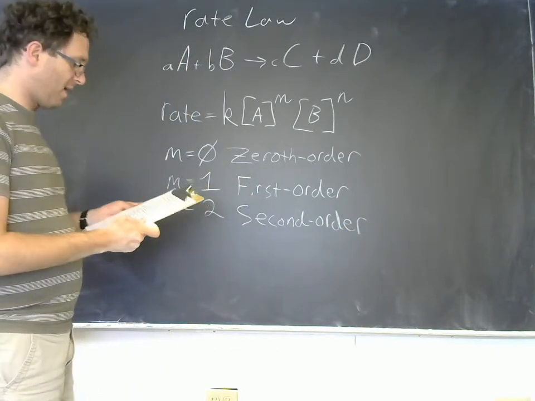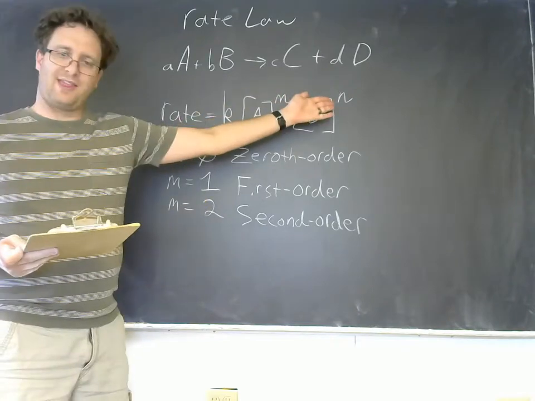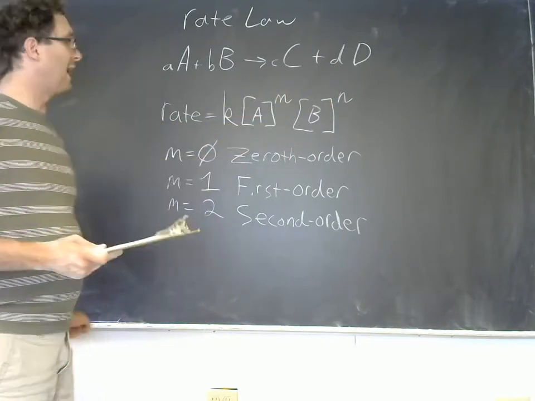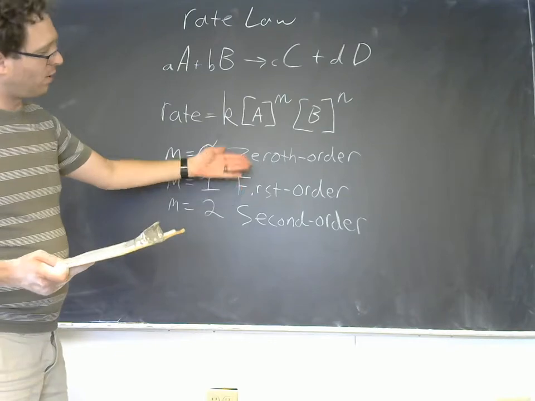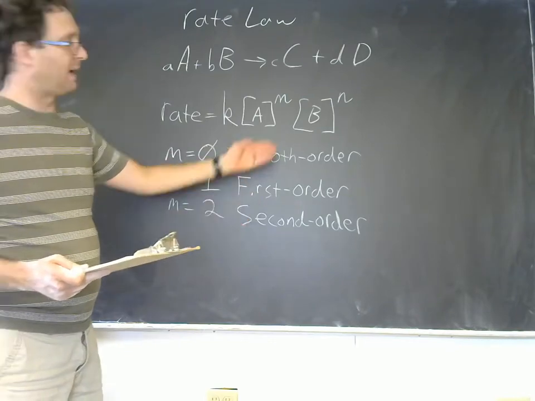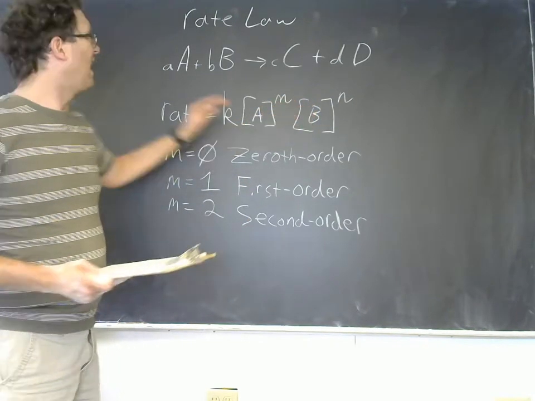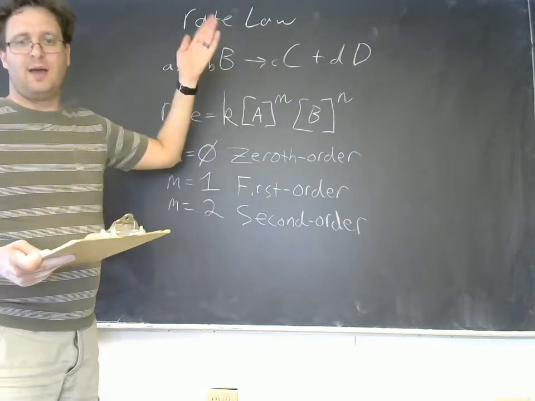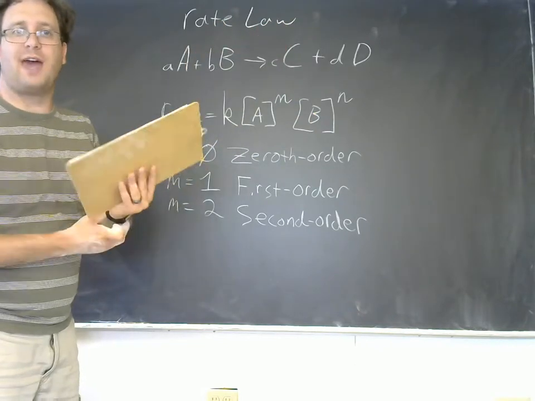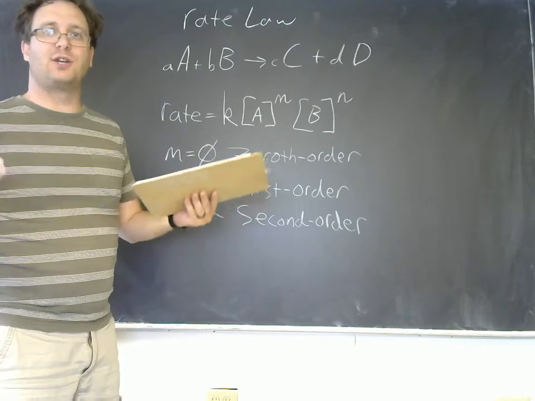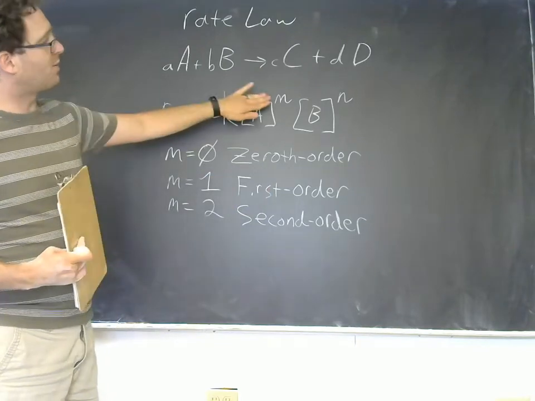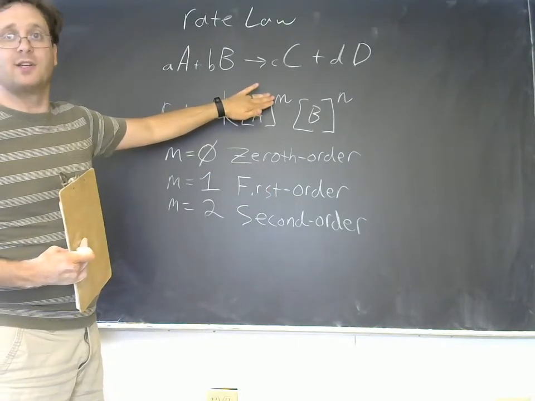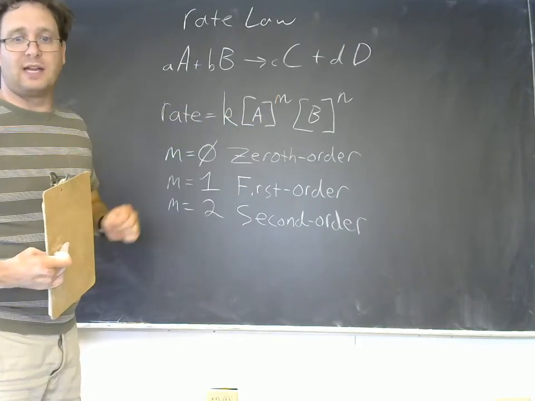And then we could also look at the value of n. A reaction could be 0th order, 1st order, or 2nd order with respect to reactant B. And if you had a more complex reaction, basically every reactant will have its own reaction order, which is a description of the value of this exponent in the rate law.